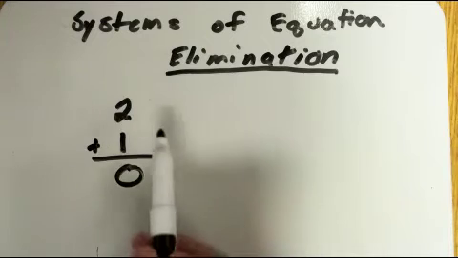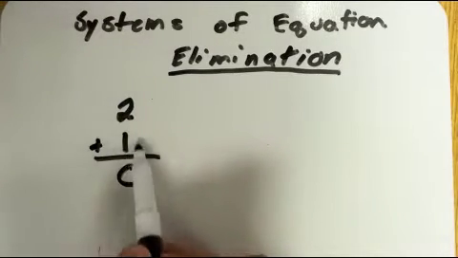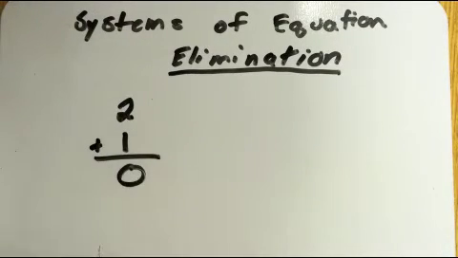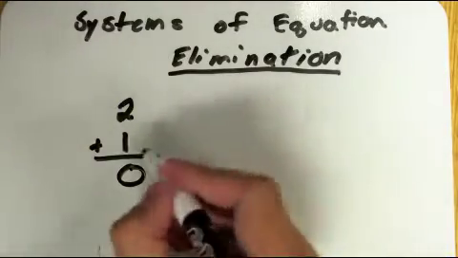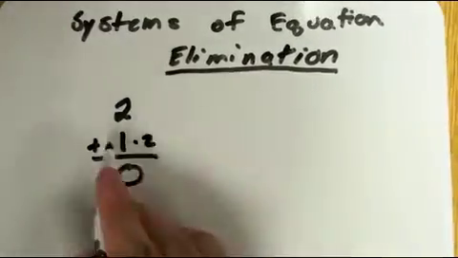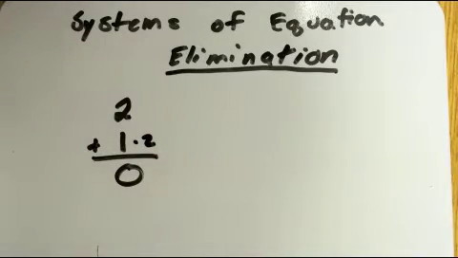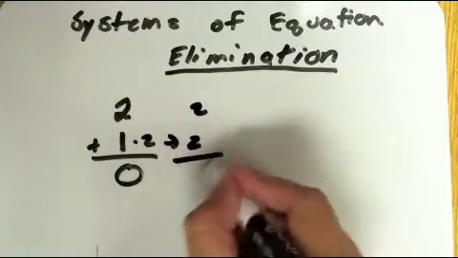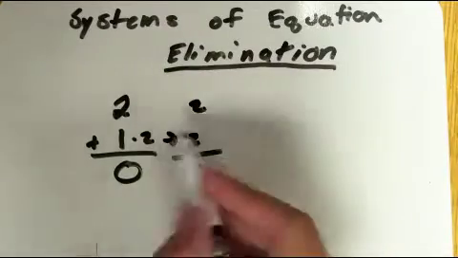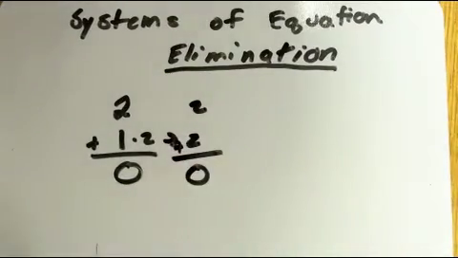So maybe I can do something to this 1 to get us to 0. Could I multiply by something? Maybe let's try to multiply by 2. What is 1 times 2? Well, that's 2. We're getting closer, so we would have something like this. Does that get us to 0? Last time I checked, that gets me to 4.